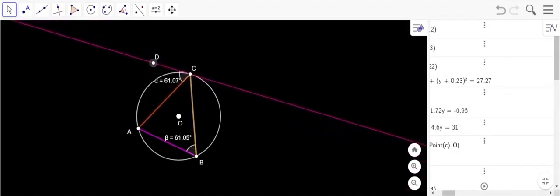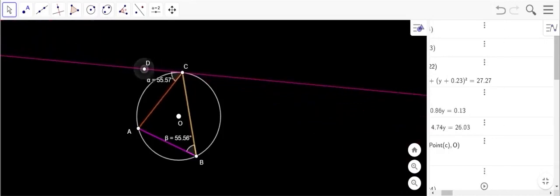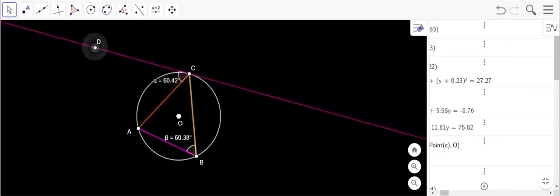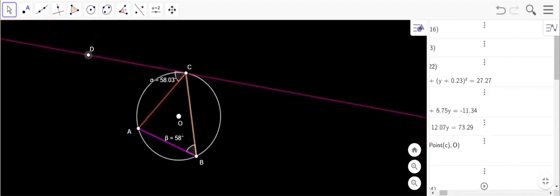Roughly it's a bit off there, also a bit off, but you can see that they are roughly the same angles. So that's the relationship between the two. We can deduce that they are actually equal, though it's slightly off because of maybe the app that I am using here.